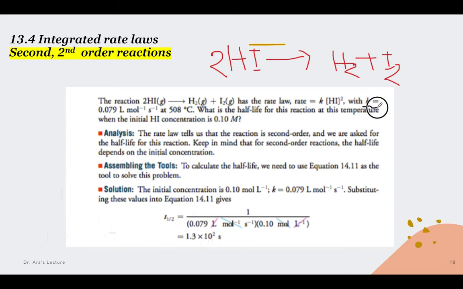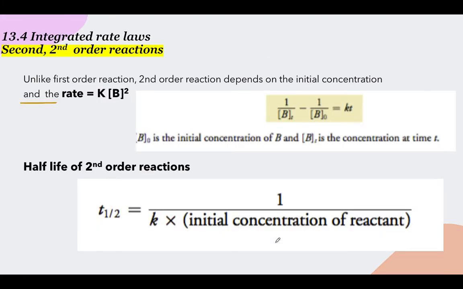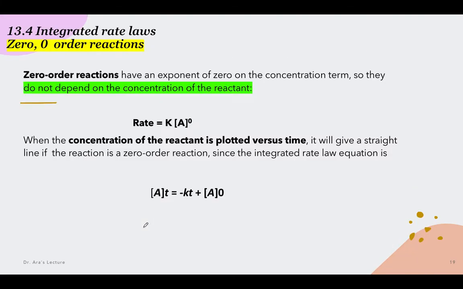We have k here, we have the initial concentration here, so we will put in the values for the initial concentration and k, and we will get the result.